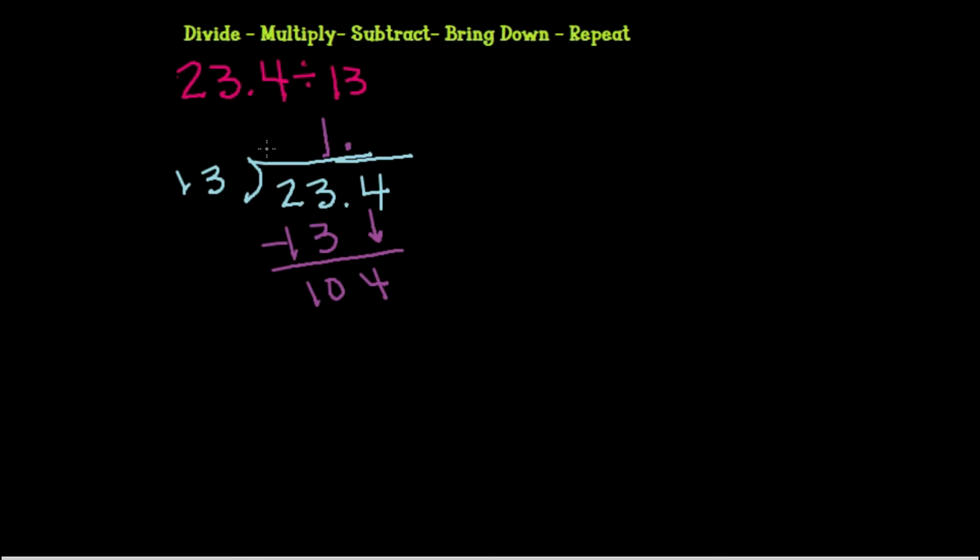So maybe we want to try 13 times 5. We know that 5 times 3 is 15. We carry 1. And 5 times 1 is 5, plus 1 is 6. So that would be 65. That is still very far away from the 104 we're looking for.